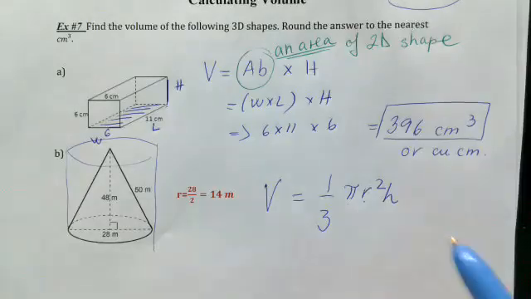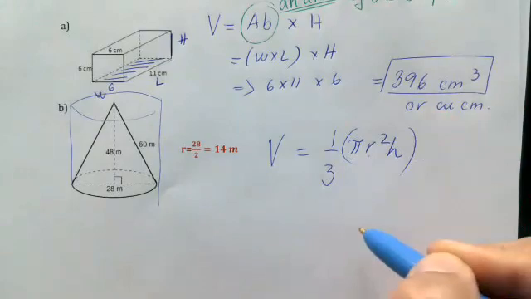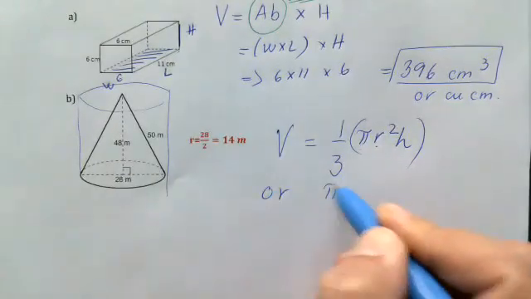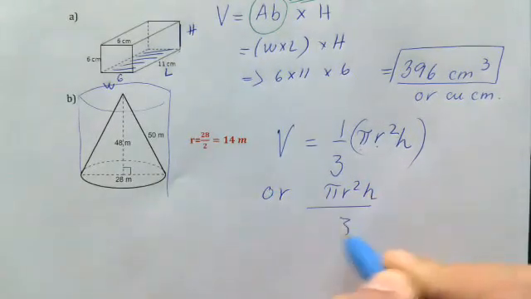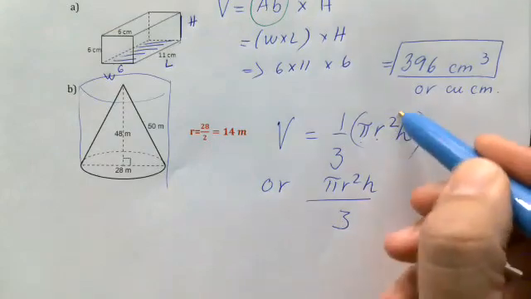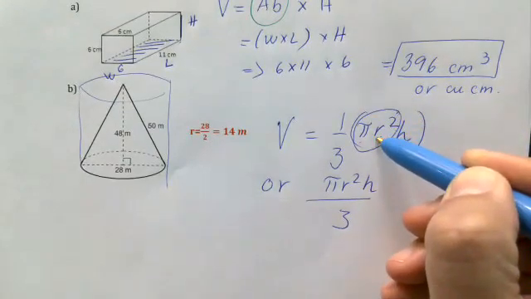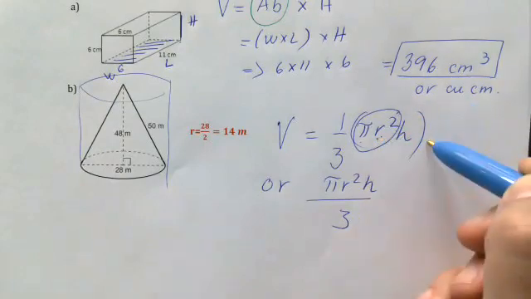You don't have to write it. You can write this one by ignoring the 1. It's the same thing as writing like this, or pi r square h divided by 3. It means the same thing, okay? And notice the base, area of the base is that circle base. Pi r square is the base, right? And the height, and divided by 3.